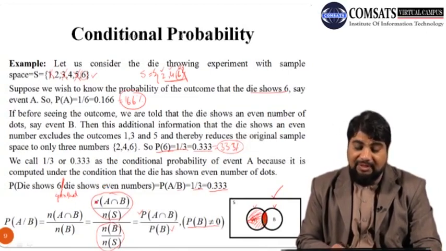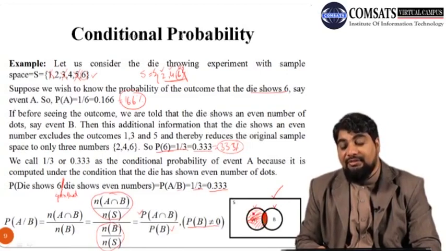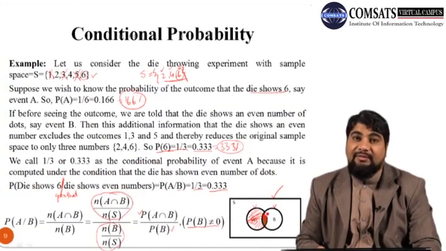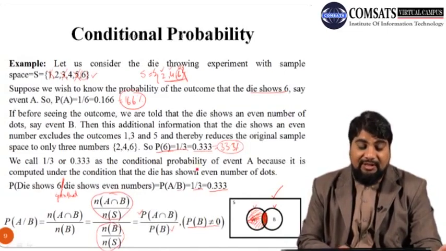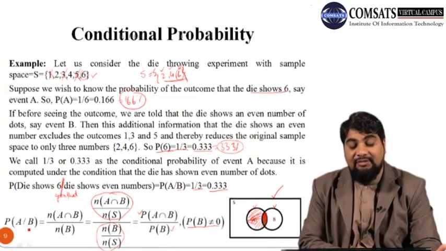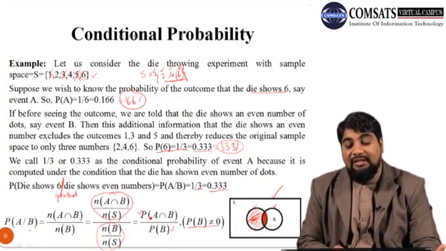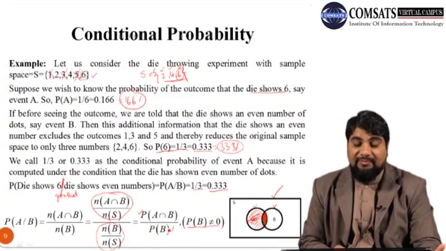Previously in this Venn diagram the sample space was the full event A, but when we have the additional information, this sample space is reduced to only the area which is common to both A and B. This is how conditional probabilities are calculated. So the simplified formula is: the probability of A given B is the probability of A intersection B divided by the probability of B.